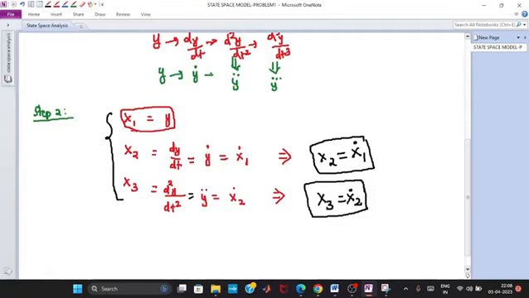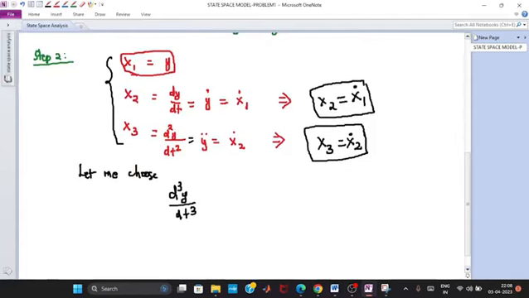Now let me find out d cube y divided by dt cube. Any idea what value I can assign for d cube y divided by dt cube? See, here x2 equal to dy by dt, which I am assigning as x1 dash.